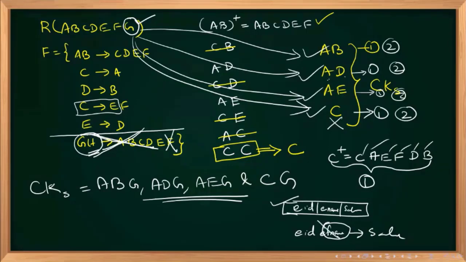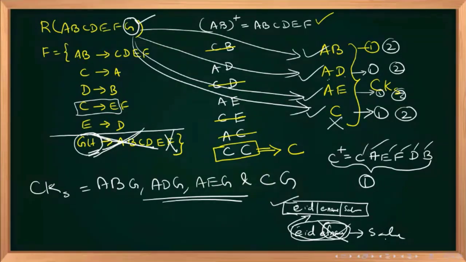Then how come you write a functional dependency? Functional dependency normally we write for the attributes present in the table, no? So what is the meaning of that one? EID and E father name together can determine salary, but E father name is not there in the table. Then how can you get a functional dependency? If somebody has simply added that for making us fool, practically it is not possible.